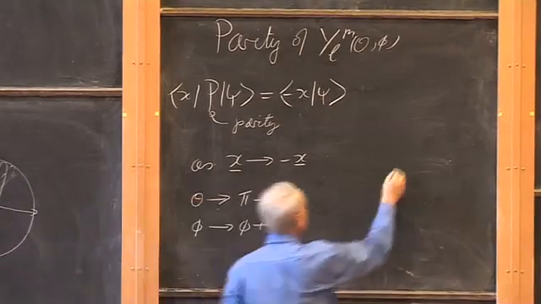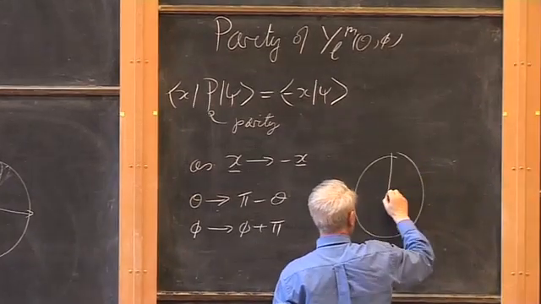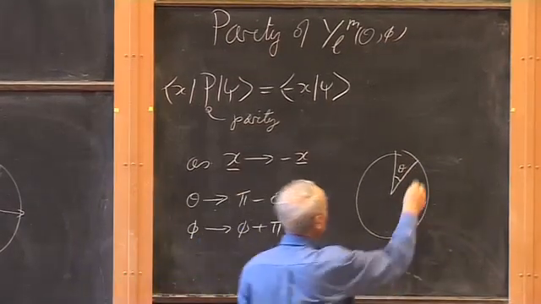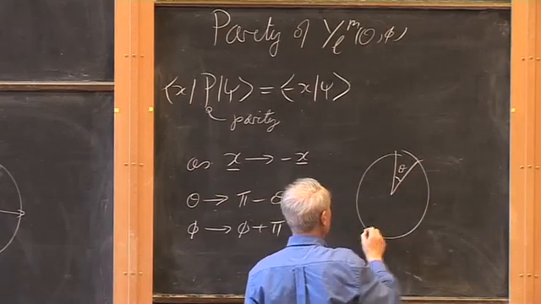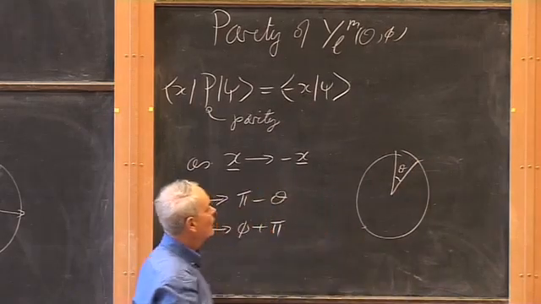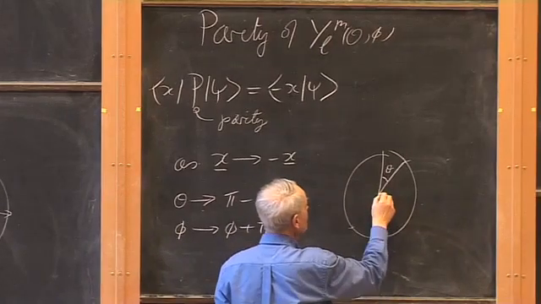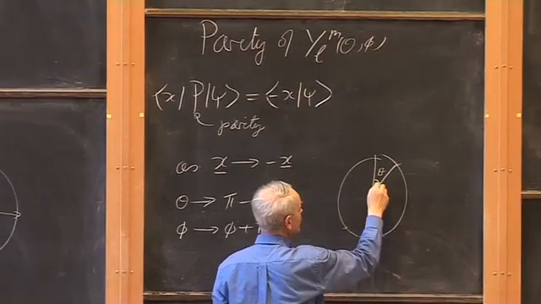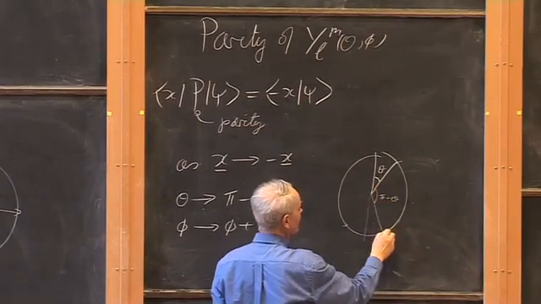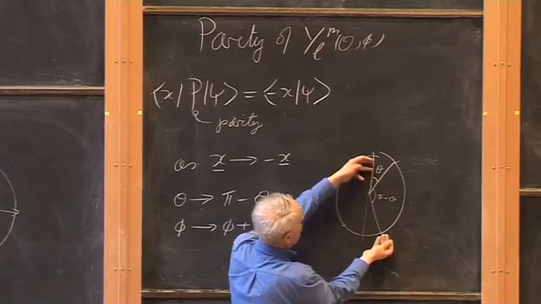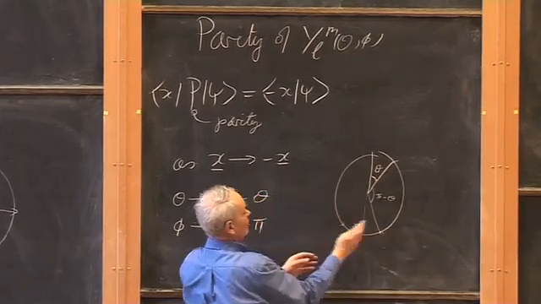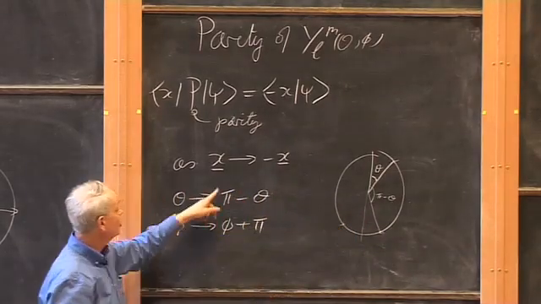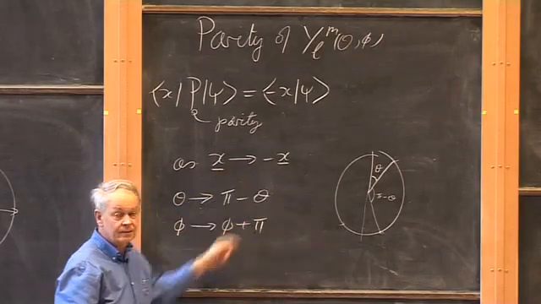Well, we can just about show it, I suppose. I hate three-dimensional pictures. Okay, here's theta, the spherical polar coordinate theta, and what we have to do is take this point and move it down to here. That's theta goes to pi minus theta. And then, having got it down here, we rotate it through, out of the board and back into the board, through pi in phi, and that's how we get it down here. So these are the changes in polar coordinates that are associated with that.